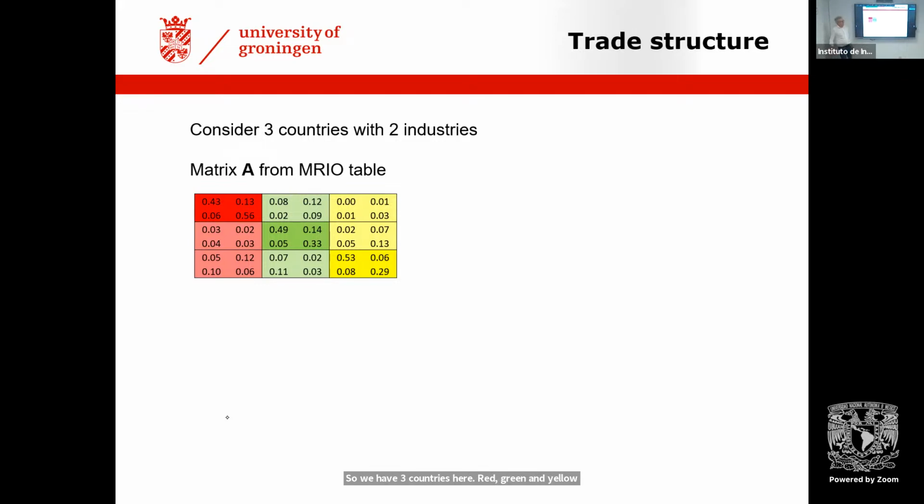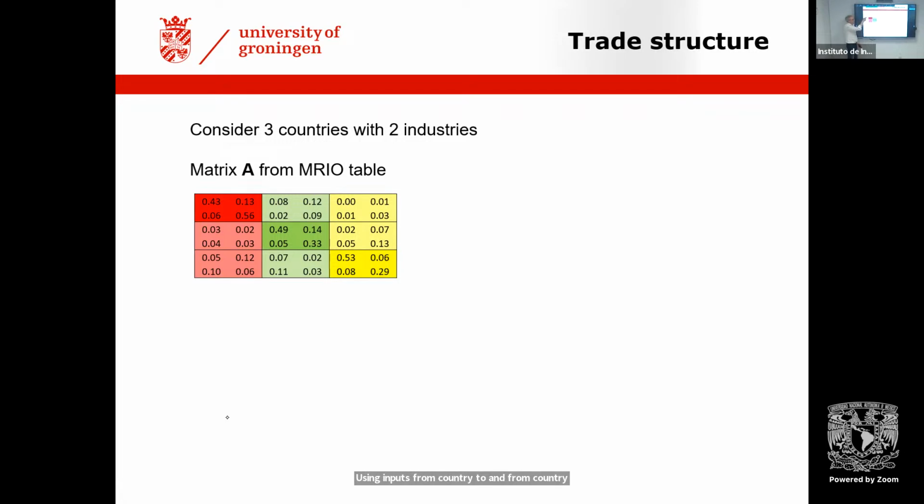And these are the input coefficients, so they come straight from the multi-regional input-output table. What does this tell you? This tells you that industry 1 uses inputs from its own country, from country 2, green, and from country yellow.